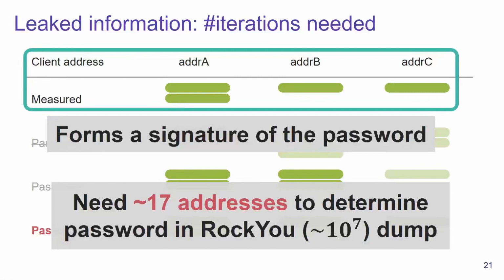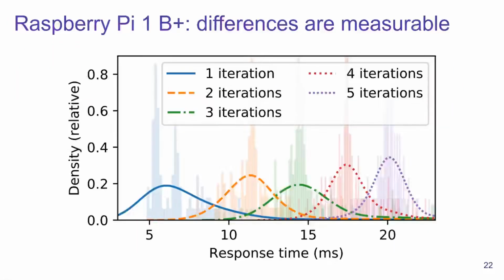Now, there is one thing that I haven't explained yet, and that is, can we indeed measure how many iterations that an access point or a client executes? And to answer this, we attacked a Raspberry Pi 1B, which was running an open source implementation, and we measured whether we could determine the number of iterations that are executed.